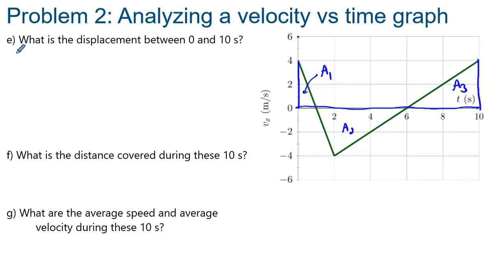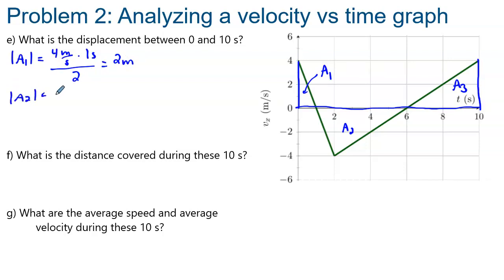So for A1, the absolute value of area A1 will just be equal to the height, so 4 meters per second, times the width, which is 1 second. And because we're dealing with a triangle, I have to divide by 2, which will give me an area of 2 meters. I can do the same thing for A2.